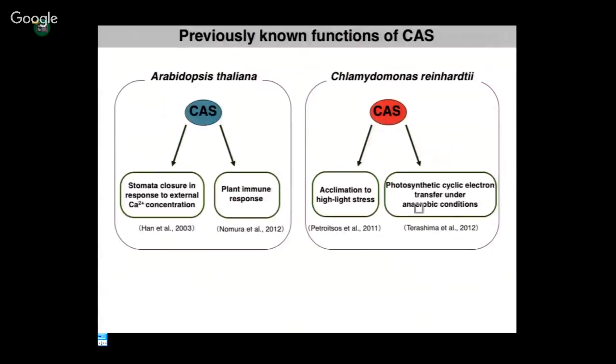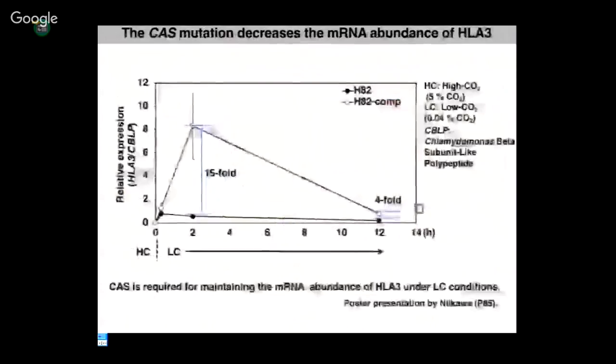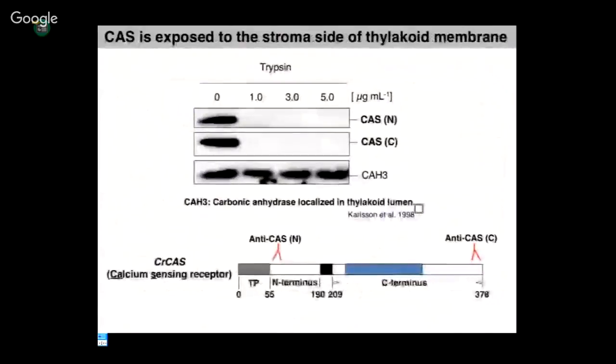This kind of support was reported inside bacteria previously, but still we don't know exactly. Anyway, this is a biochemical experiment in which Cas is reported to bind calcium in the chloroplast.